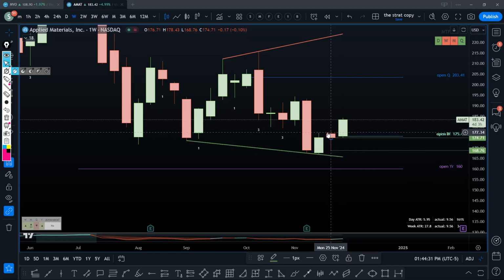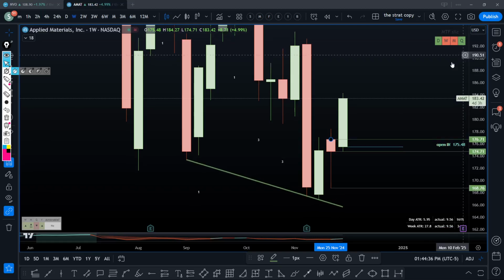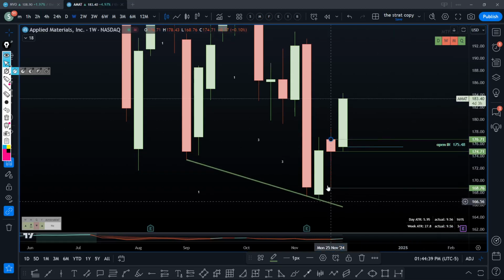Even though this candle is down because it opened at 176 and closed at 174, the buyers are present in this candle because of this wick, where they brought it all the way back up from 168. So sometimes you have to ignore the color of the candle and analyze what the candle in totality is showing you, the color as well as the shape. What this shape is telling me is that the buyers did come in and drive this back up on the weekly.